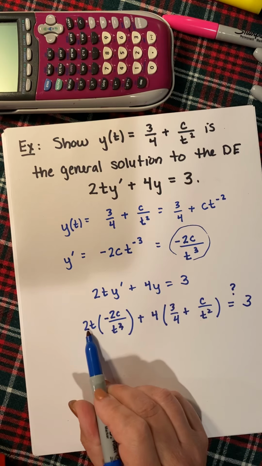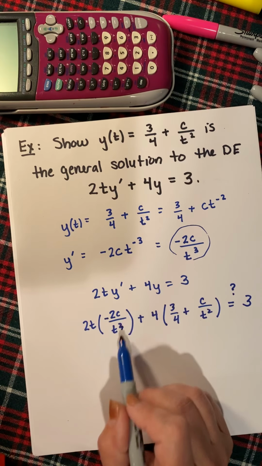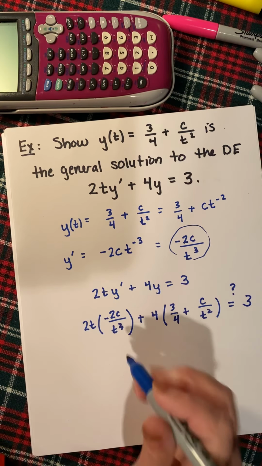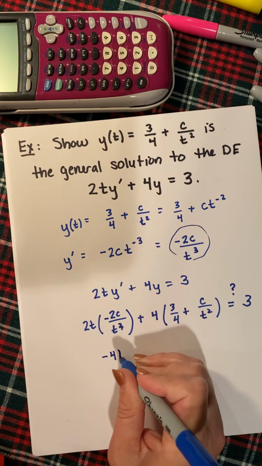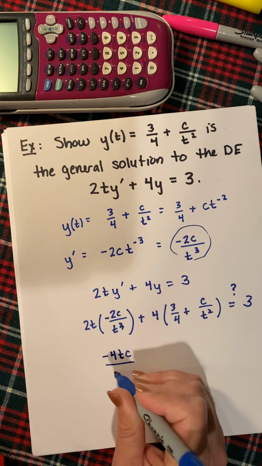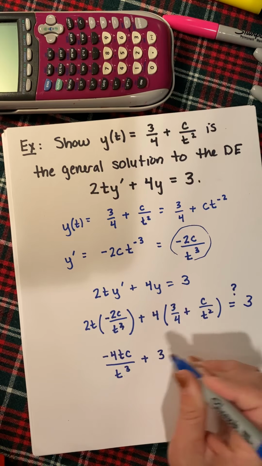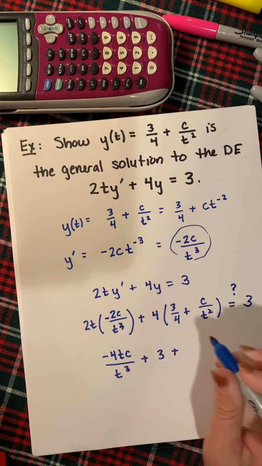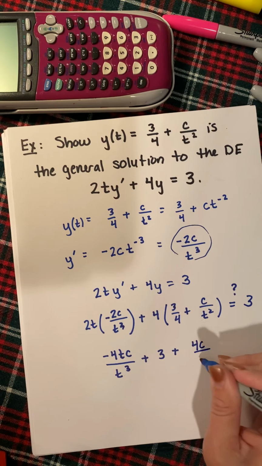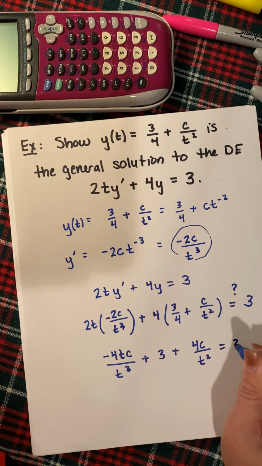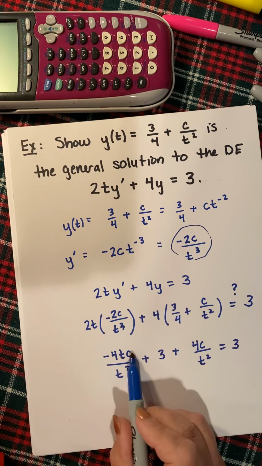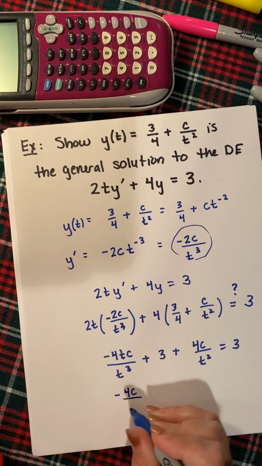Well, let's do the math. 2t times negative 2c over t cubed is negative 4tc all over t cubed, plus 4 times 3/4 is 3, plus 4 times c over t squared, 4c over t squared. Does that equal 3? Well, 4tc over t cubed, one of the t's, the t on the top cancels with one of the t's in the bottom.